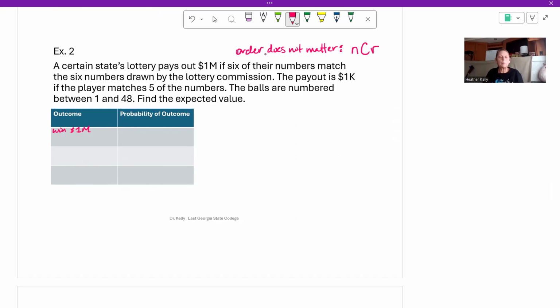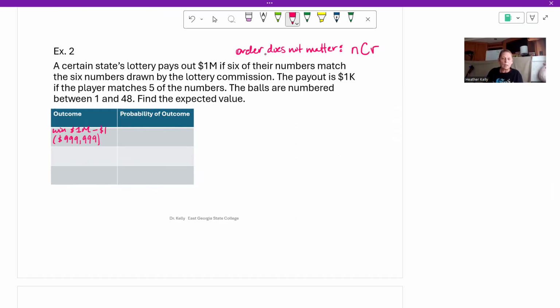Okay, and you win $1 million, but it costs you $1 to play. So this would be a total of $999,999. That would be one of the outcomes: you got $1 million minus $1.